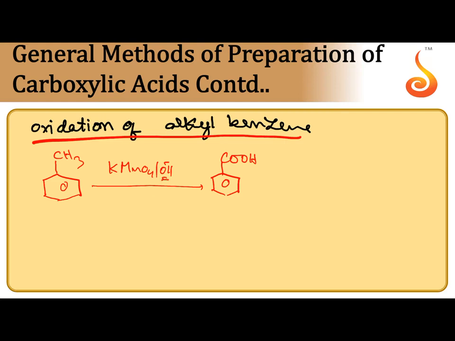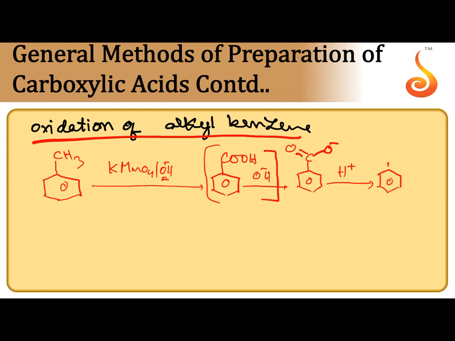But benzoic acid in the presence of base cannot exist as acid, it will be converted into benzoate, COO minus. If the base is KOH, we can get potassium benzoate. So when we want to get the acid only, the potassium benzoate is separated and subjected to acidification, that will become benzoic acid. So remember, the CH3 part is converted to COOH.